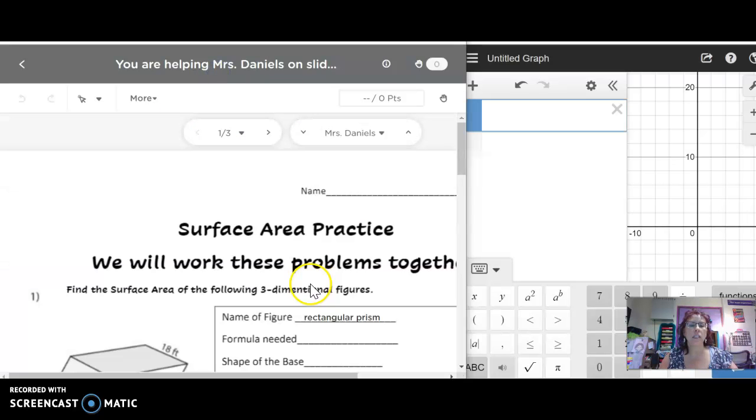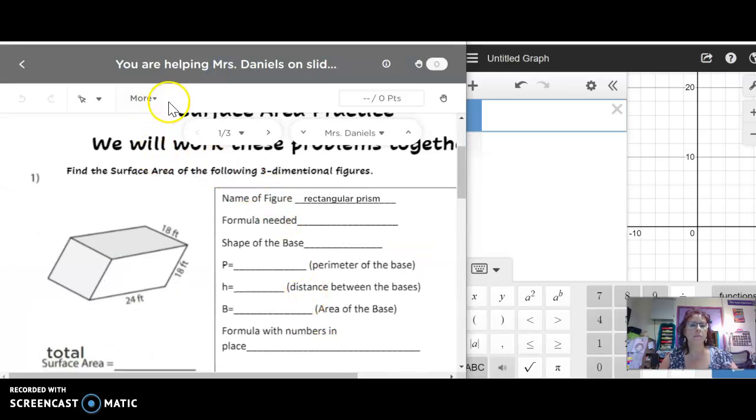So we're going to go back here and type in the formula. S, or surface area, is going to equal capital P times lowercase h, plus 2 times capital B. That's the formula that we're going to be using.